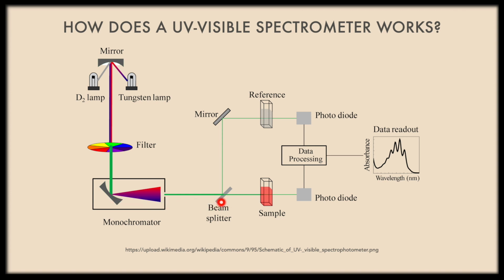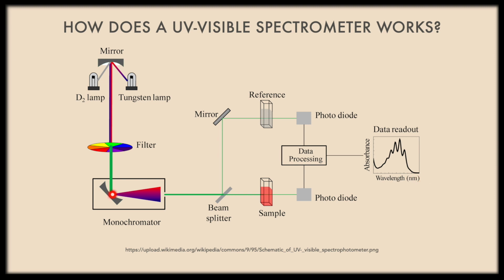Now this will then have a beam splitter. It will go through a sample, and part of that will go through a reference. Then you have the sensor, which measures the intensity of light and how much is absorbed, and that will be processed by the machine. Finally you have the spectra in this form.